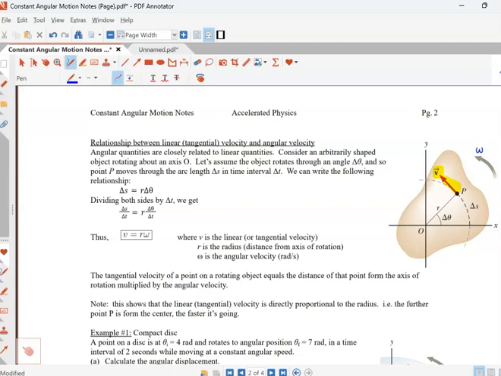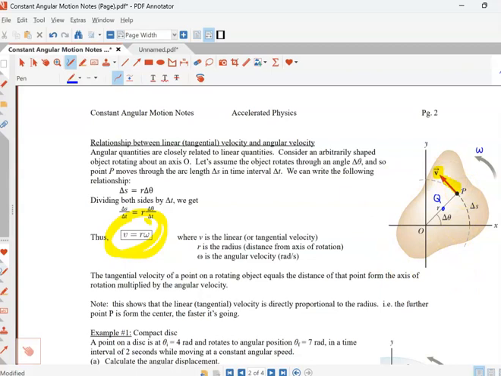So maybe you've heard of this: the further away you are, the faster you're going, right? There's a relationship between the speed, angular velocity, and the radius. And here is the formula. So v, the tangential speed or linear speed, equals the radius multiplied by the angular velocity. So of course, if you have a point like Q, it's going to be going slower than point P. P is going faster because it's further away.